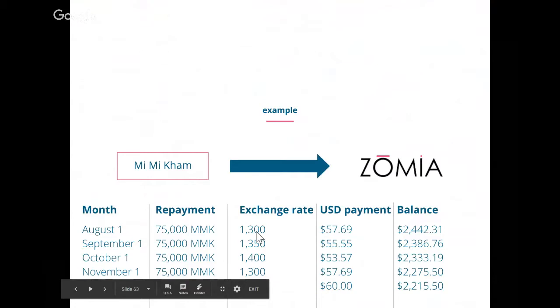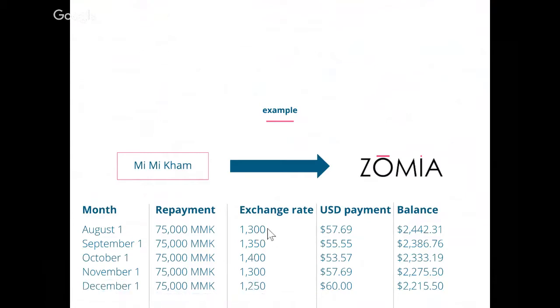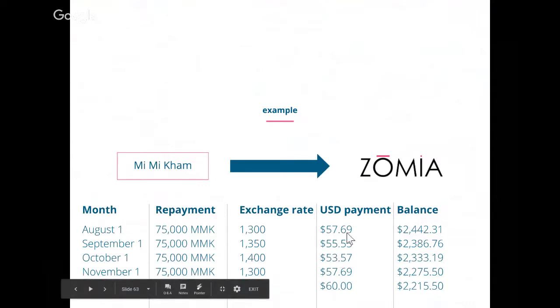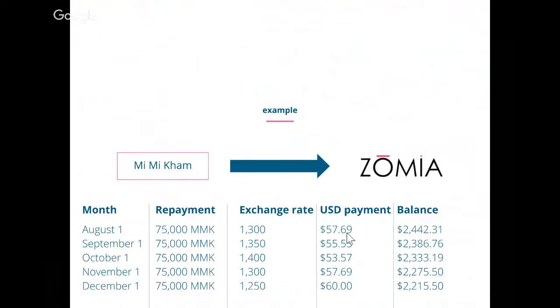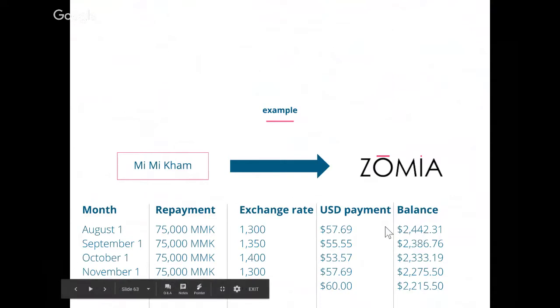And with the formula that we used earlier, just dividing the total payment by the exchange rate to get the US dollar amount, you can see that that affects the US dollar payment too. So even though Mimi is repaying the same amount in Myanmar kyat each month, the actual US dollar amount payment that she's making changes from month to month, which affects the total balance that she has due each month.